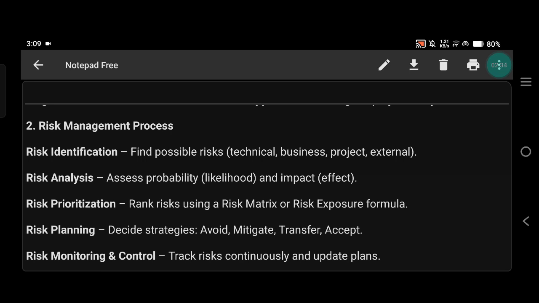So next we rank risk as high, medium or low. Fourth one is risk planning. After that we prepare strategies to handle them. Fifth is risk monitoring and control. So finally we keep an eye on risk during the project and update our plans if needed.